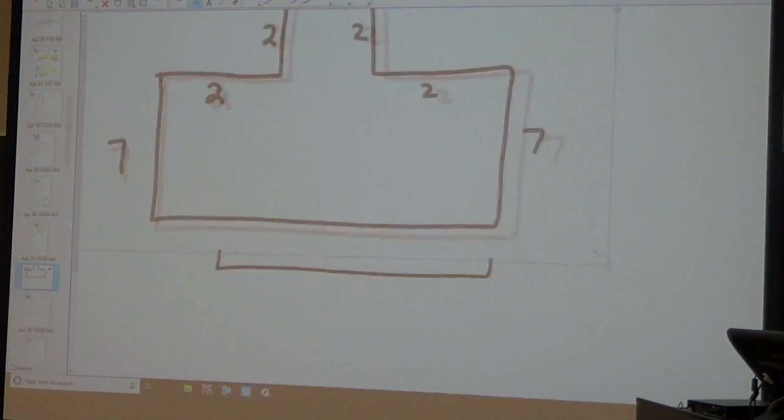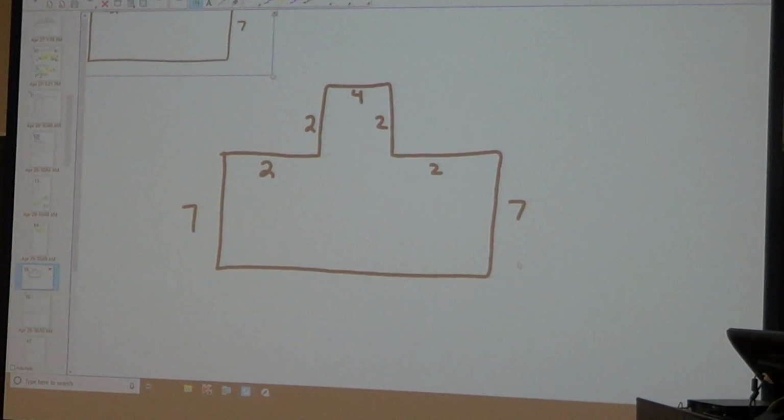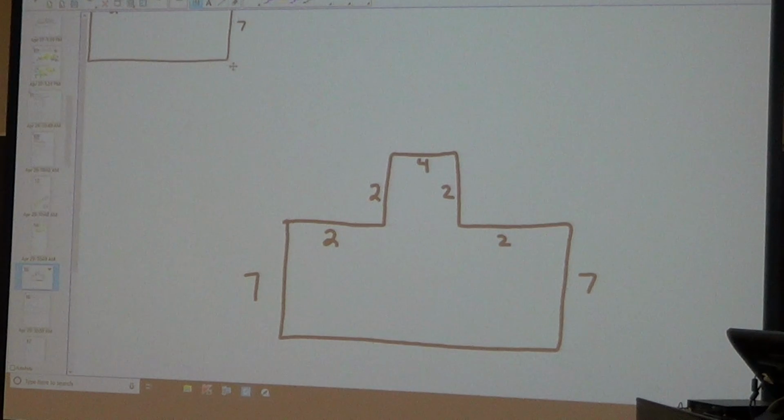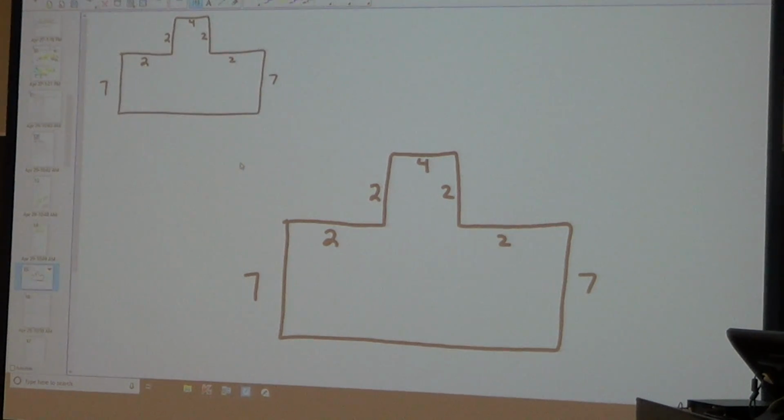So I'm gonna keep the original problem over here in the corner, so that if you need to see it again, you can kind of see where we started, okay? So what I'm gonna do first is I'm gonna fill in and make it my sticky note.